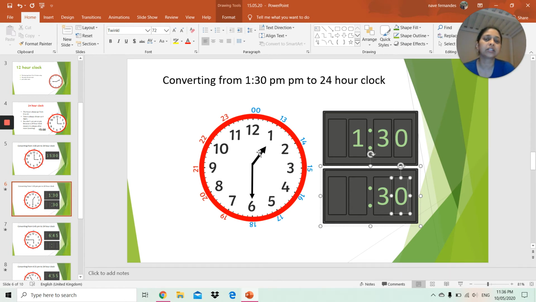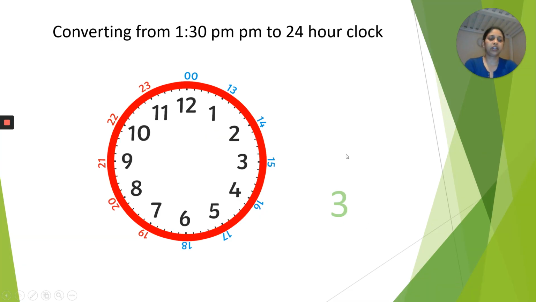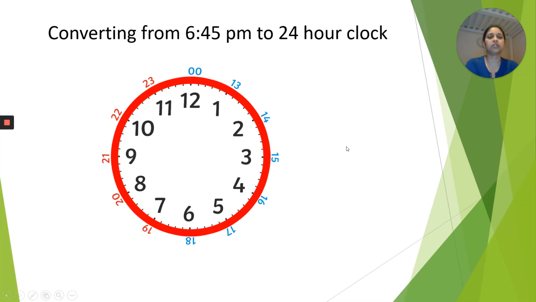But our hour hand, which is on the 1, which is 1:30, will change to 13, which means your 24-hour clock will be 13:30 over here. There we go. I've done the first one for you, and this is a very simple lesson.